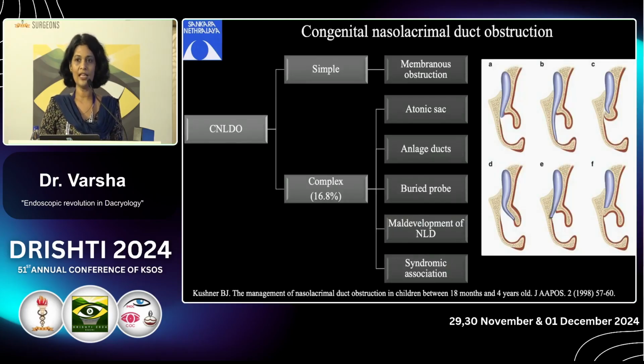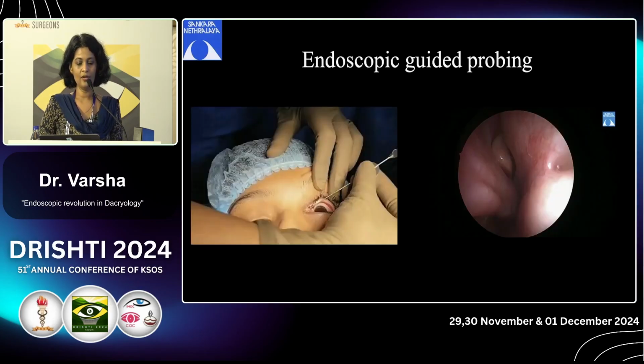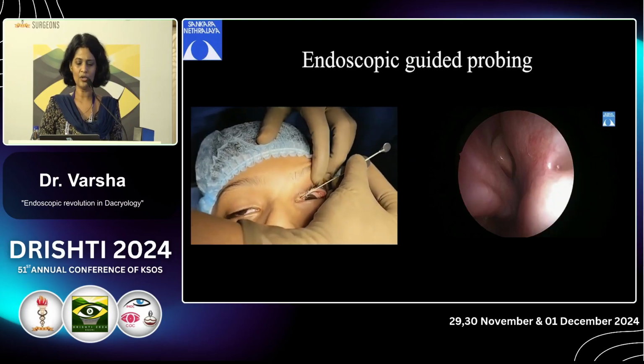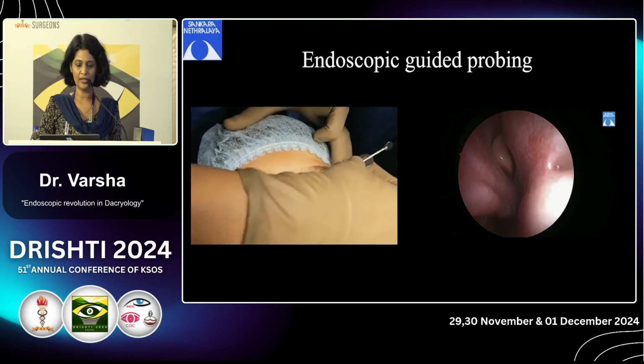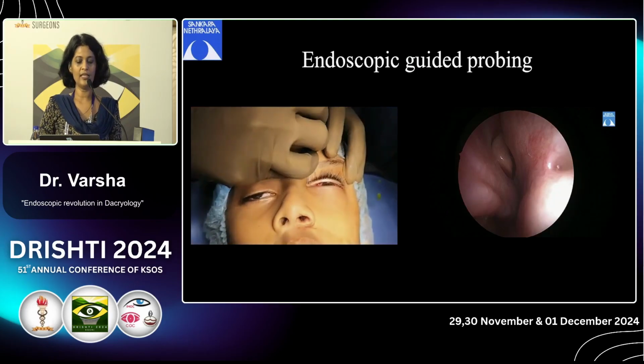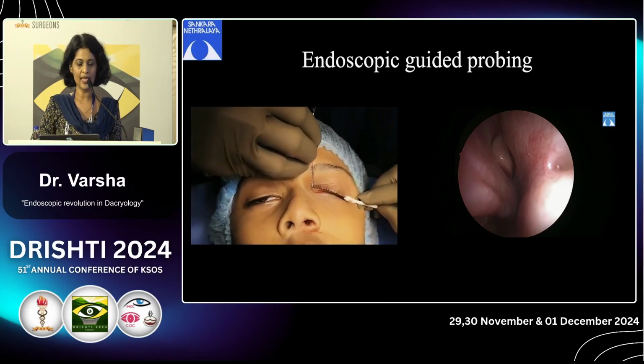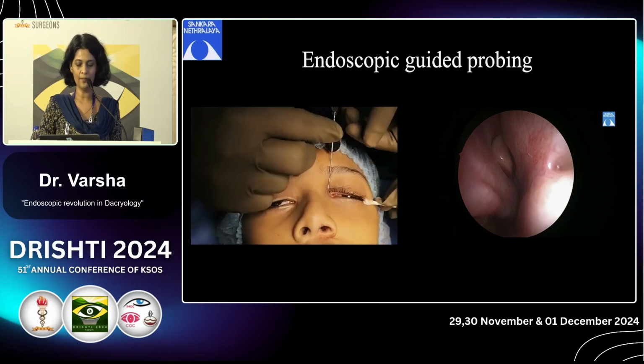Nowadays, the use of the endoscope is a dictum in congenital nasolacrimal duct obstructions, both in simple as well as complex NLDOs. This is a short video of the regular probing that we do in the office by stretching the upper lid typically and placing the probe.